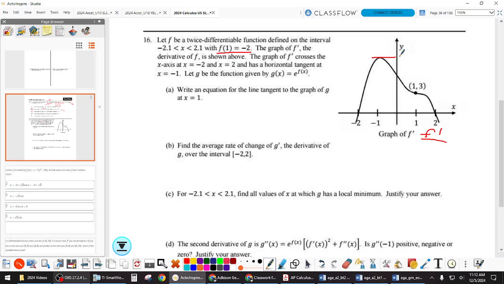Anyway, so we have this e to the f of x function. It says write an equation for the line tangent to the graph of g at x equals 1. So what do we need to do that? We need g prime of x equals e to the f of x times f prime of x. So that's our slope.